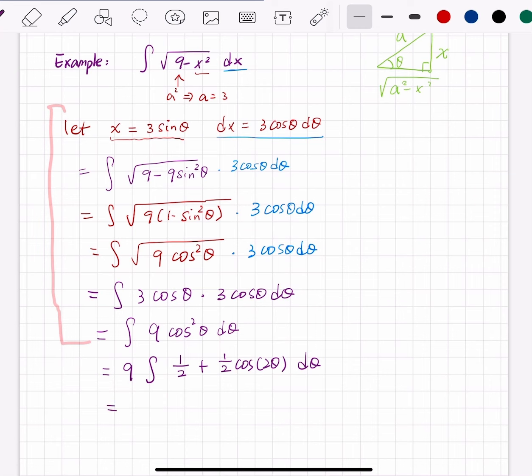The integral is pretty straightforward. 1/2 becomes 1/2 times theta. And then 1/2 cosine of 2 theta becomes 1/2 multiplied by another 1/2 from the antiderivative of cosine 2 theta, which is sine of 2 theta. Undo the chain rule.